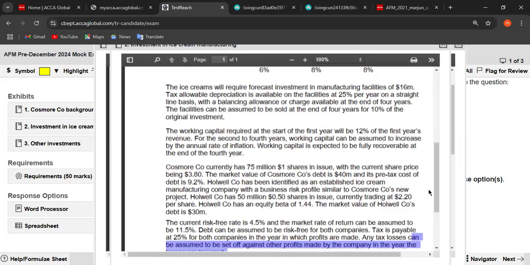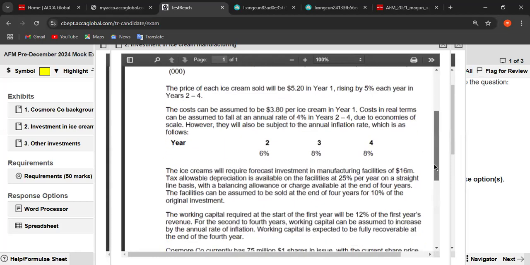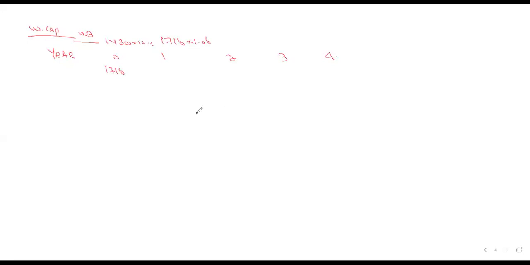So as this is 6%, it will be 1.06. So how much is this coming? 1819. Then what was the third year inflation? 8%. 1964.